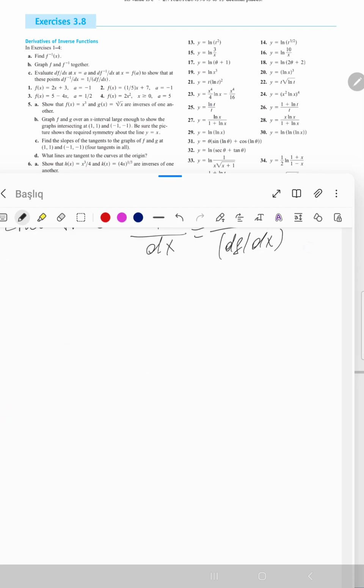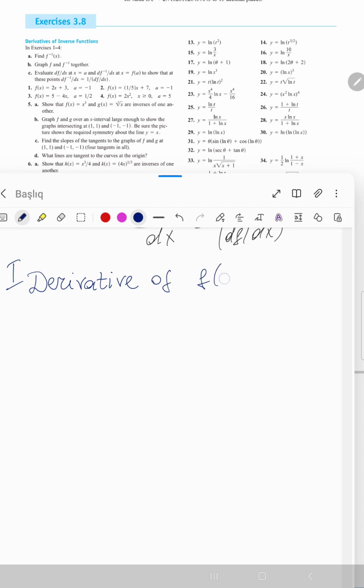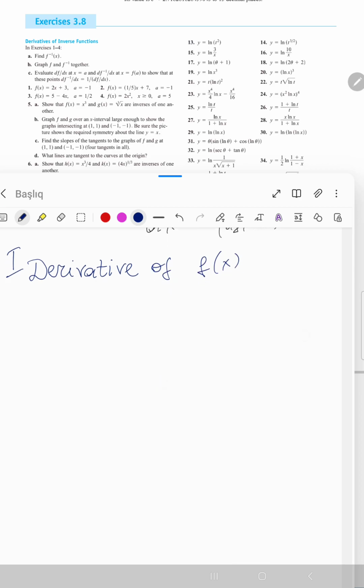Okay, that's nice. Let's find the derivative of f(x) first. df over dx equals, our function was 5x plus 7, sorry, the derivative.